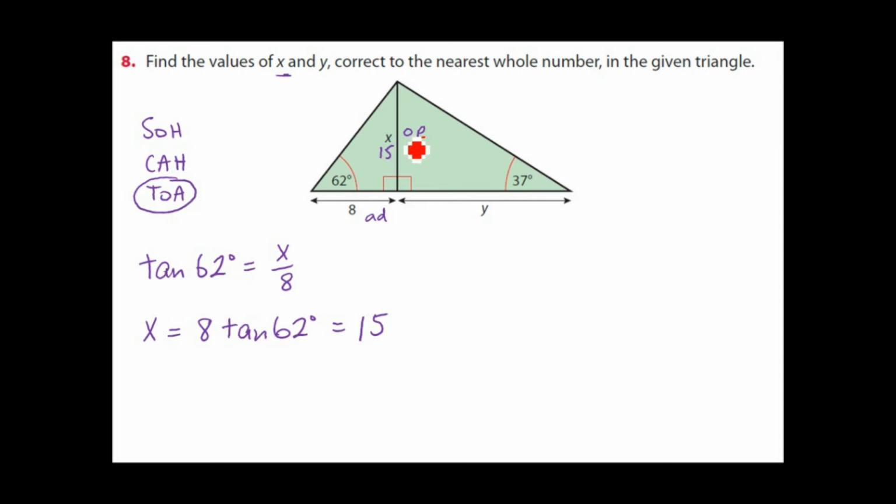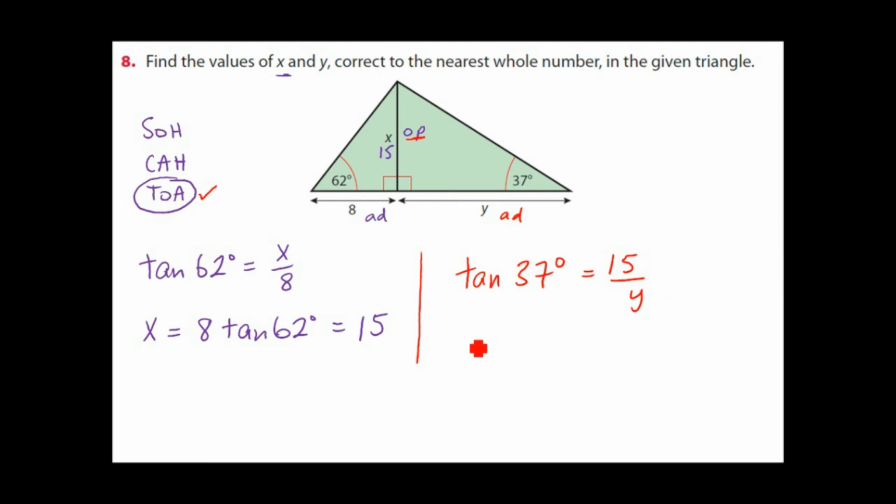Now we're looking at the second question. To find y, we'd look at the triangle on the right hand side here. Compared to 37, 15, the answer we have, is opposite and y is adjacent. So we're again going to use tan. The statement is that tan 37 is opposite, which is 15, over adjacent, which is y. Now we do a swap around here.